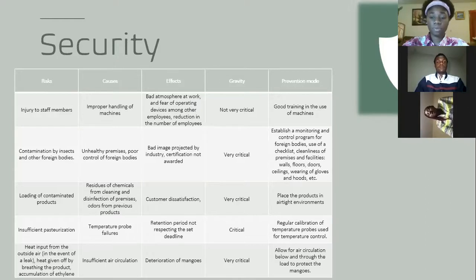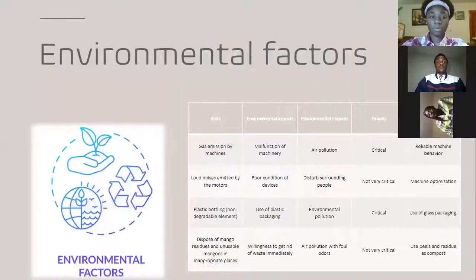The last one is environmental factors. The aim of this method is to identify, assess, and prioritize the significant environmental impacts of an activity or a product throughout its life cycle in a systematic way, in order to determine the necessary actions in order of priority to reduce the assessed environmental impact.